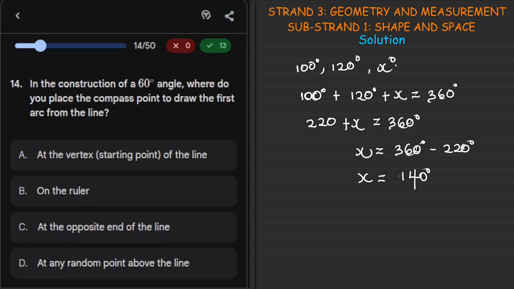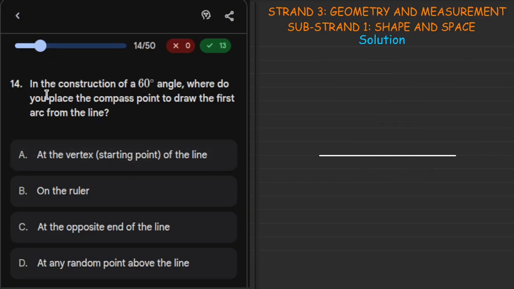Question number 14. In the construction of a 60-degree angle, where do you place the compass point to draw the first arc from the line? Most of the time, as you can see here with my compass, I bring it to the end of the line, at the vertex of the line, and with that I draw my arc.